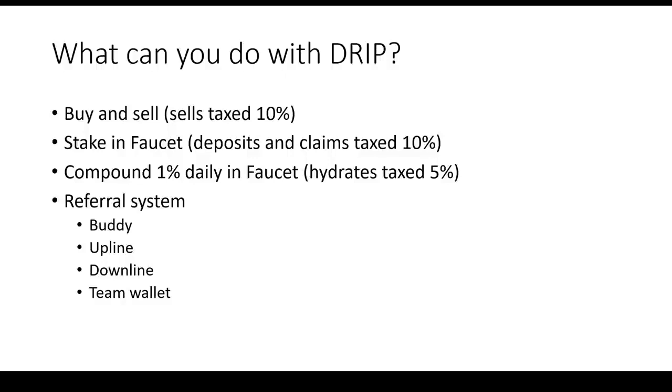You can give them your address, they can sign up under you, and you will earn rewards based on their deposits. And if you have at least 5 direct referrals under your wallet, that wallet becomes a team wallet, and there are some extra rewards that the team wallet gets.